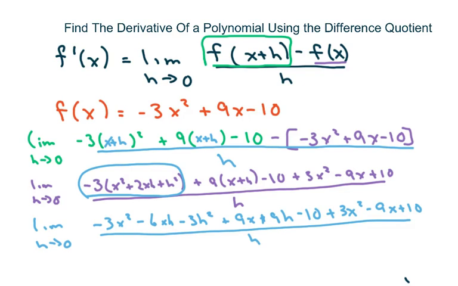Now what you should notice is we can cancel everything out that doesn't have an h in it. And if you can't cancel out something without an h, you probably did something wrong.